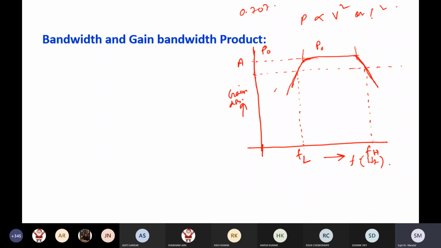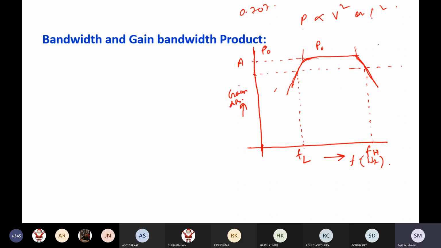That is, over a certain frequency range the amplifier is working; that is the working region of the amplifier. Above the center frequency the gain gradually decreases, and below the center frequency the gain gradually decreases, so the power will decrease as well.